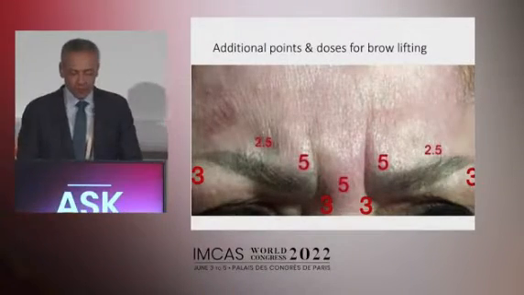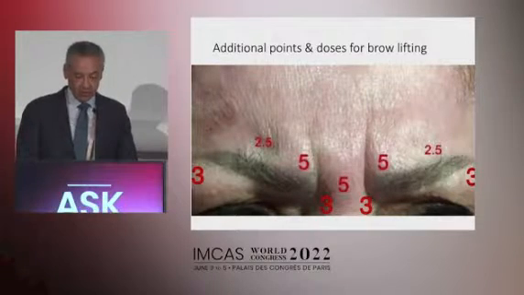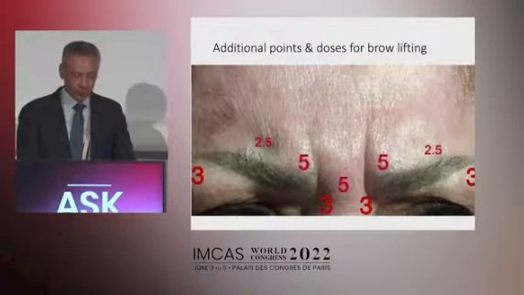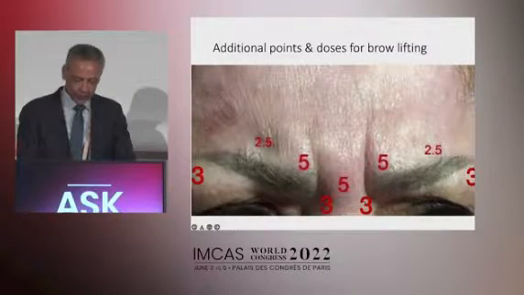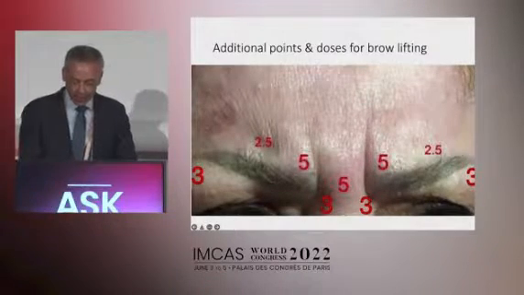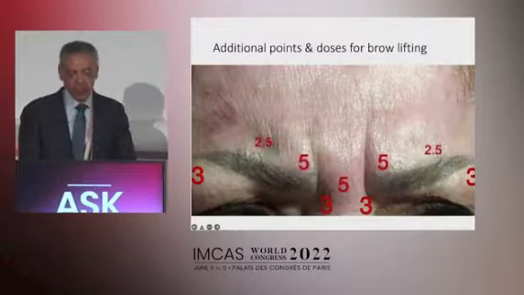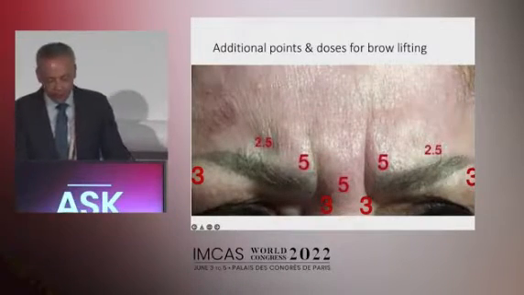If we need to lift the eyebrow, then we will add 2 additional points, 3 to 5 units down there, and 3 units at the lateral orbicularis oculi muscle.